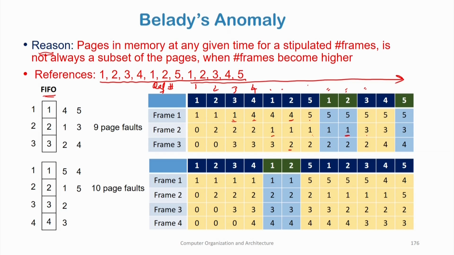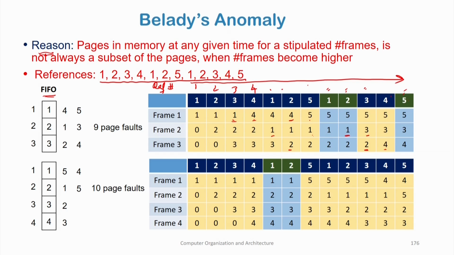So, 3 replaces 1, and then 4 comes in and 2 is now the one which has come into memory earliest. So, 4 replaces 2 and then 5 comes in, 5 is already there in memory. So, this one is a hit.